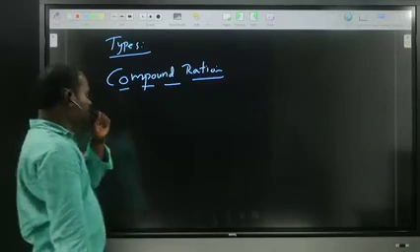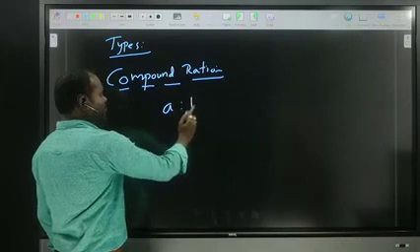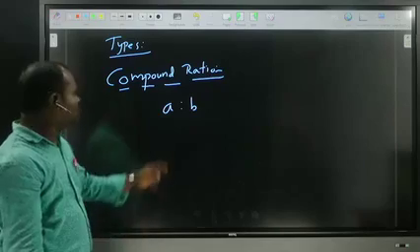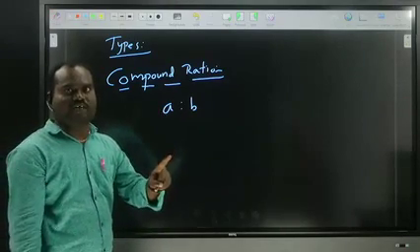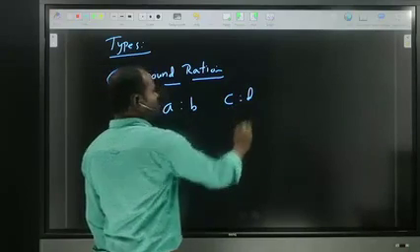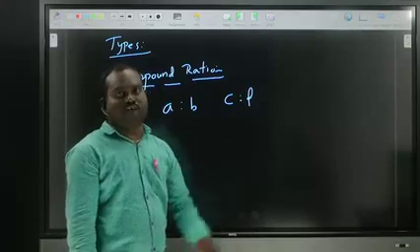For example, one ratio is A is to B. I already told you, A is called the antecedent and B is called the consequent. One more is there, C is to D. Here C is the antecedent and D is the consequent.